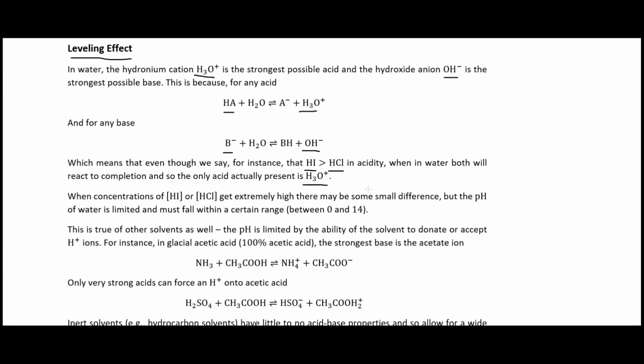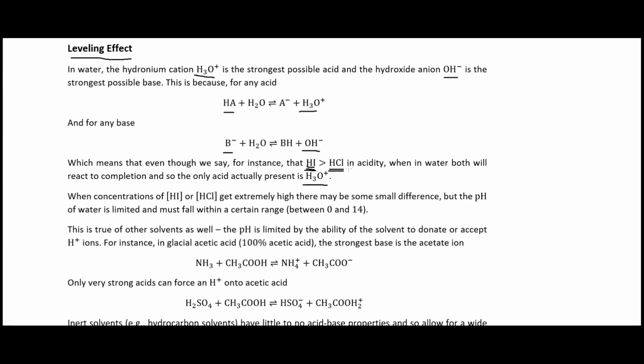And so in water, if you add equal amounts of hydrochloric acid and hydroiodic acid, you are going to end up with just the same pH, because even though the HI is stronger than the HCl, they both essentially react to completion.